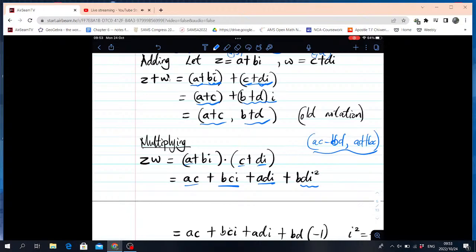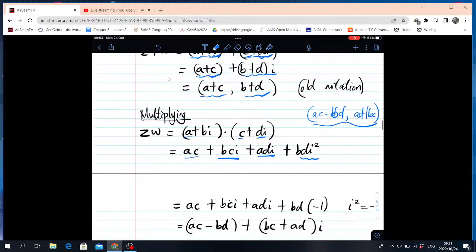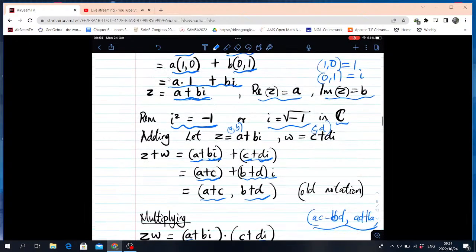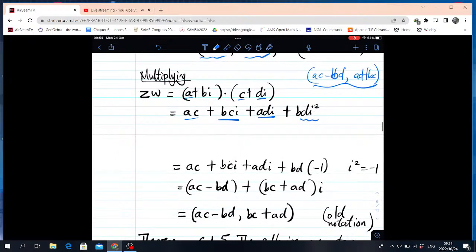So we've got this, and now we apply what we know. We know that i squared is going to be equal to minus 1. So we can replace i squared with minus 1, and then we end up with that. I squared is minus 1, so we just replace, we get bdi squared becomes bd times minus 1.